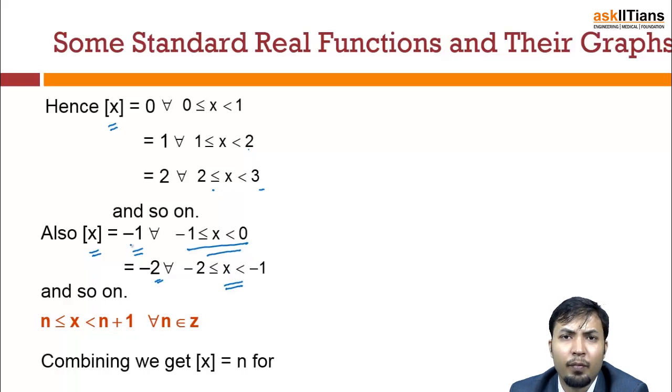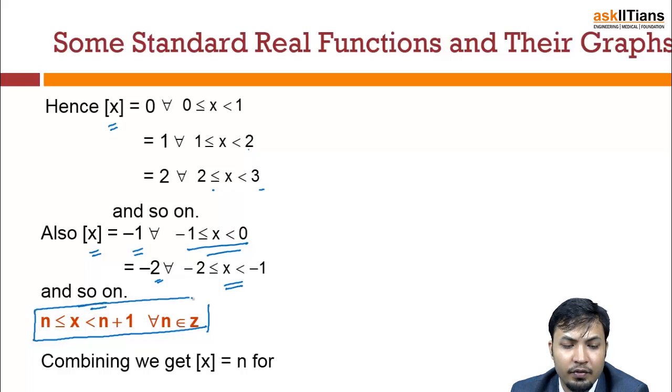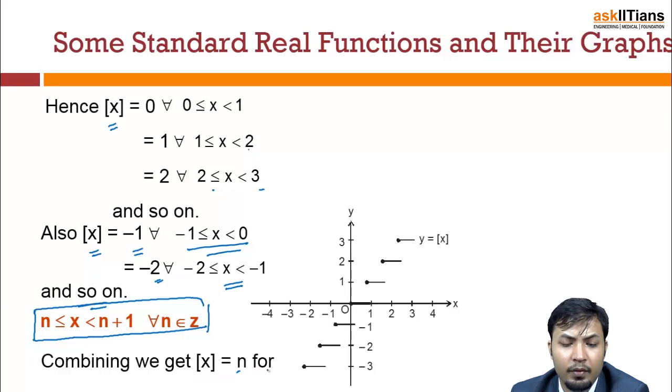You see, for minus 1, the lesser value is minus 2, right? So it will move in the other direction, and so on. So this is the interpretation for the greatest integer function. Combining this, everything can be plotted on the graph. So you see, when I put it on the graph, it will lie like this. You see, it is like a step.